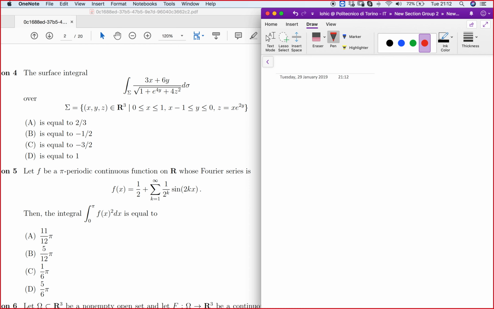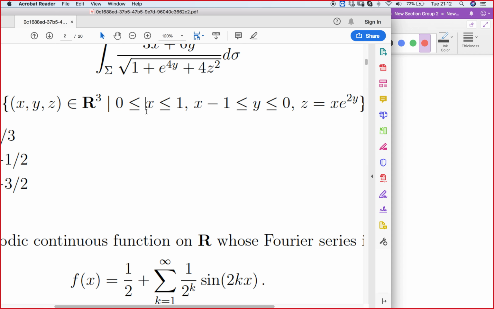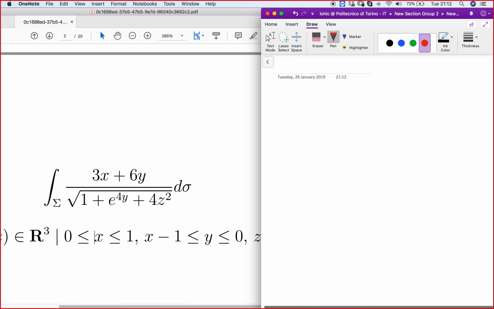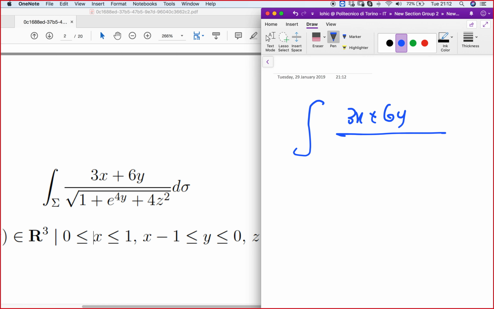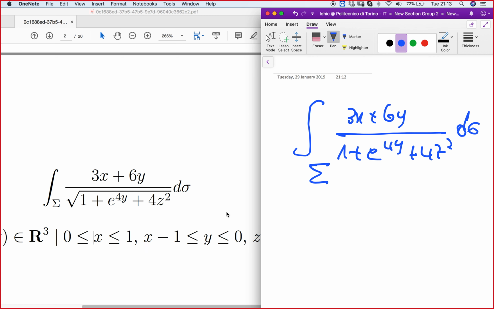So we have the integral of (3x + 6y) over (1 + e^{4y} + 4z^2), in d sigma. So you are integrating this on a surface called sigma.